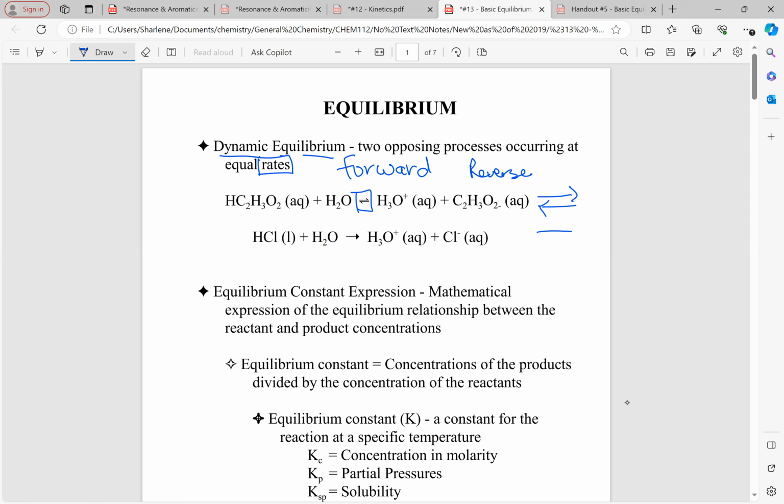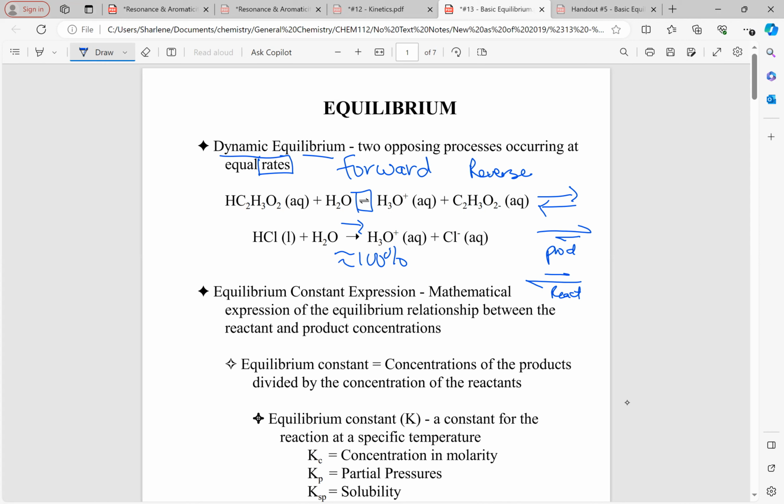You're more than welcome to make one arrow longer, so this one favors products, or that one favors reactants. But you don't have to make the two arrows different as long as it's showing that it's going in both directions. We've never done that before because we always used the one reaction arrow, which means it's pretty much 100% in one direction towards the products.